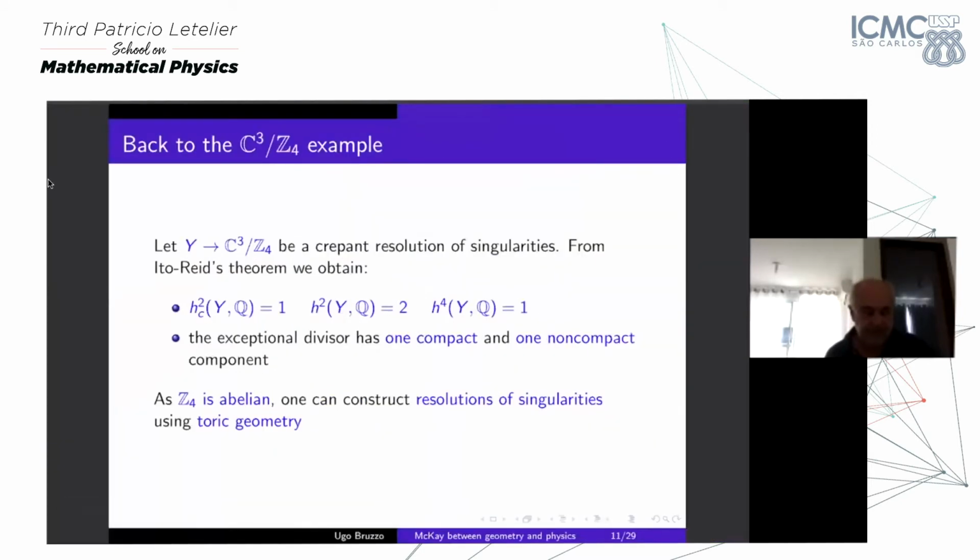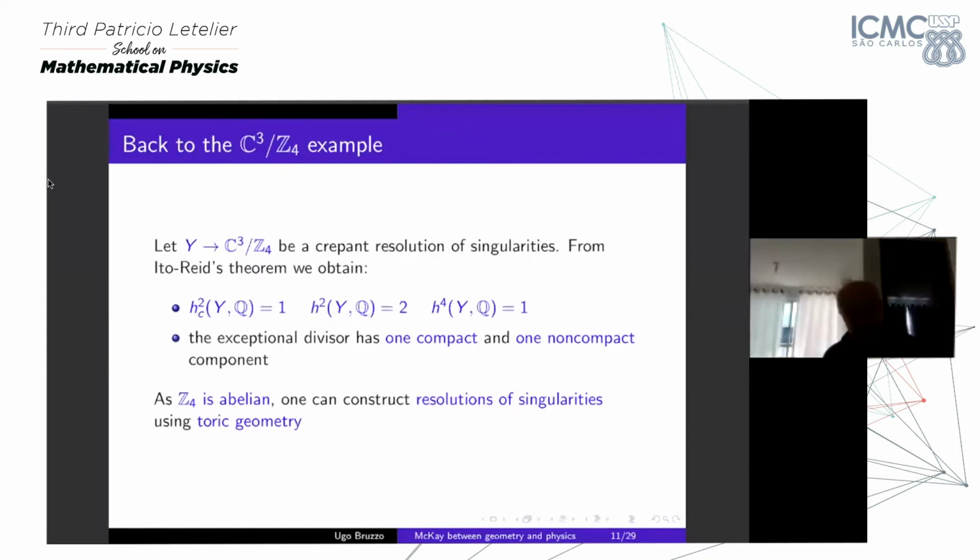So this is a resume of what happens in our guiding example. We are considering a crepant resolution of singularities of the singular quotient C3 mod Z4.